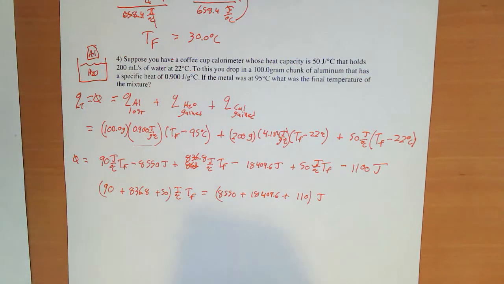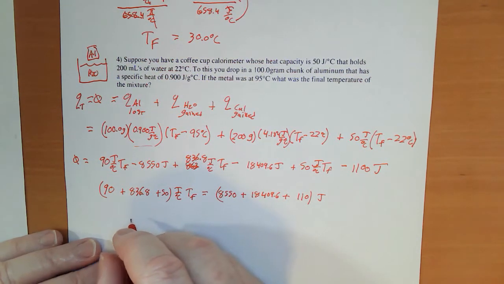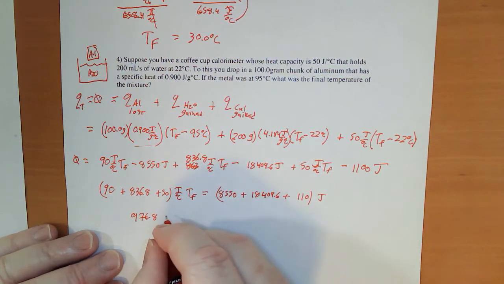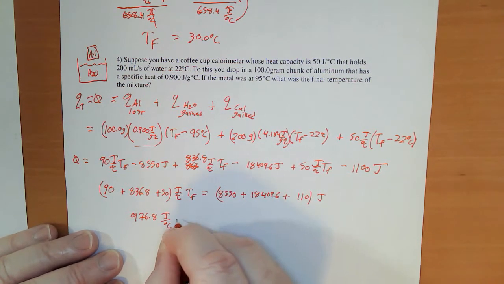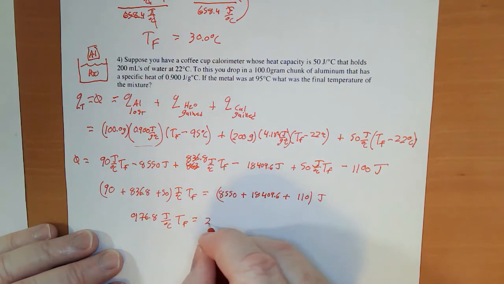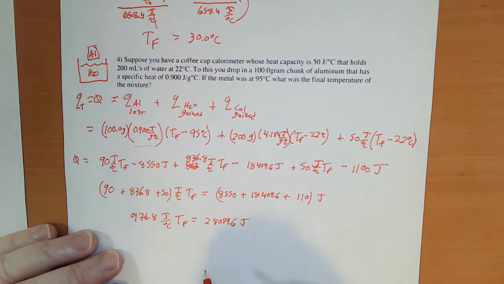Okay, so to solve for T final, I have 976.8 joules per degree Celsius times T final equals 28,059.6 joules.